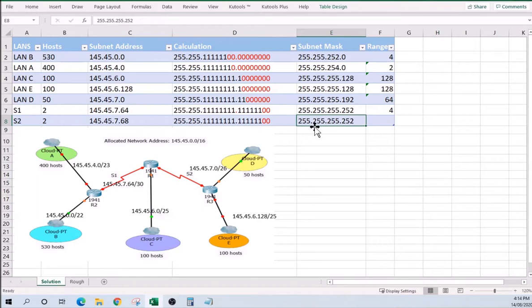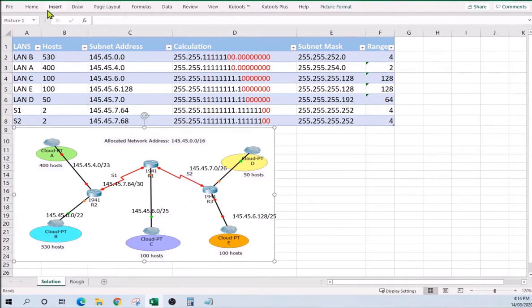Subnet mask would be 255.255.255.252, and the range would be again 256 minus 252. That means serial 2 will be expanding from 7.68 to 7.72. Let me write down the address for serial 2.